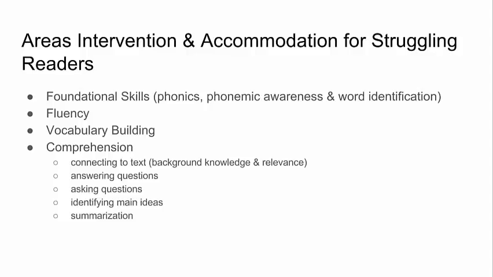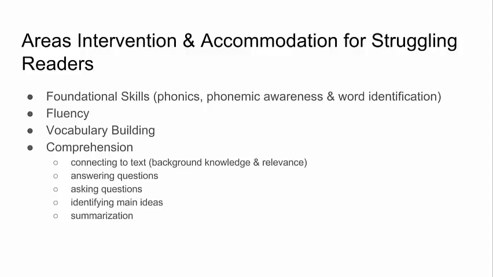Fluency is another area that can be supported by text readers, and today we're going to talk mostly about some options for supporting vocabulary building and supporting other areas of comprehension.